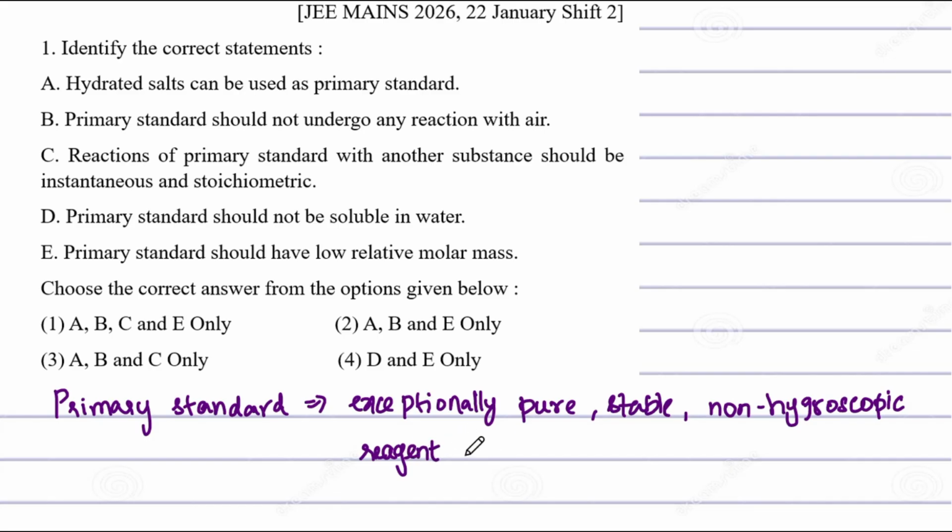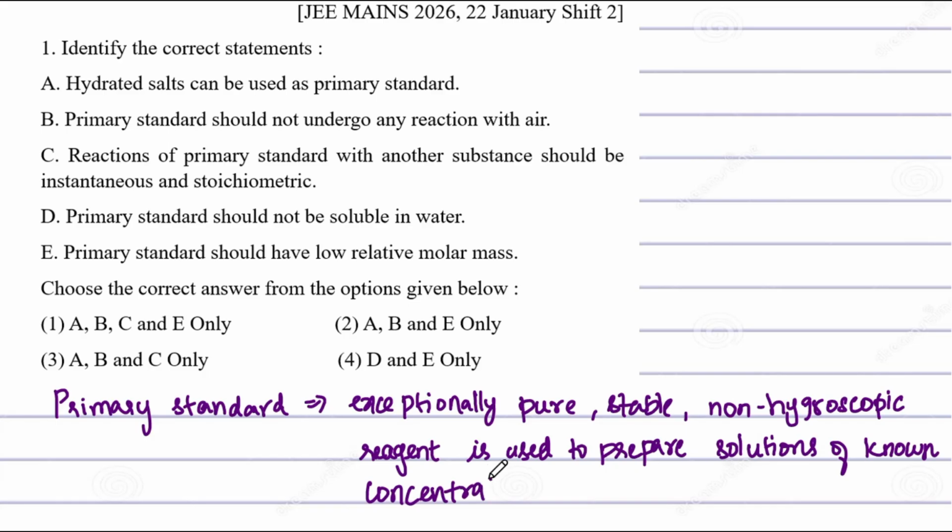So this reagent is used to prepare solutions of known concentrations. So to prepare a solution of accurately known concentration, we are using this primary standard. So this primary standard should be pure, stable, and non-hygroscopic. What is the use of this primary standard? Primary standard is used to standardize the other solutions, or you can say standardize the secondary standards.